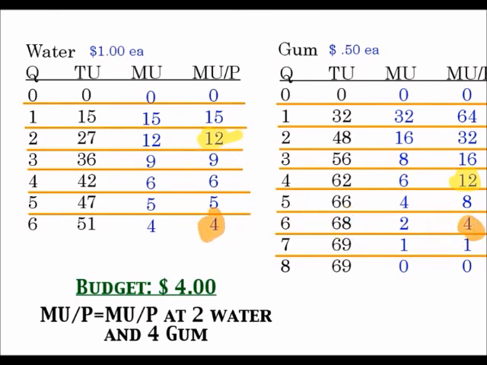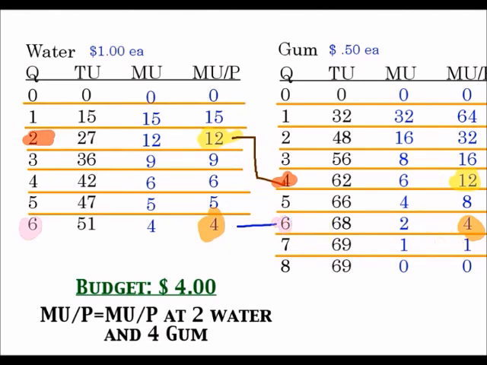So they're going to match up in two different places, here and here. So what we want to do is we want to take a look at the quantities. So the first matchup would be 2 water, 4 gum. The second matchup would be 6 water and 6 gum.